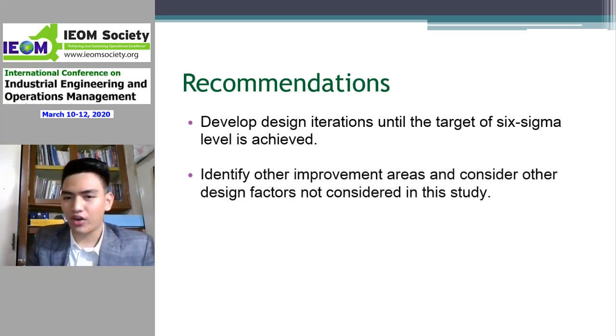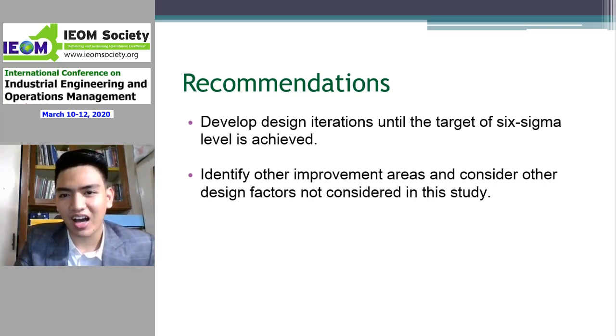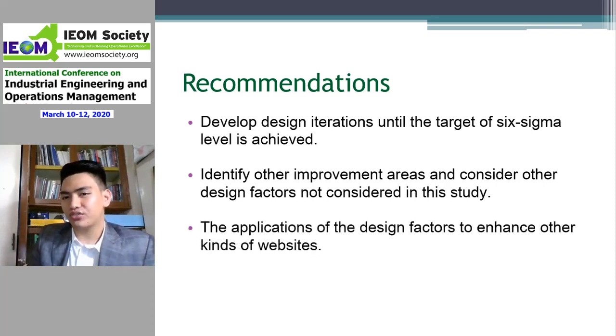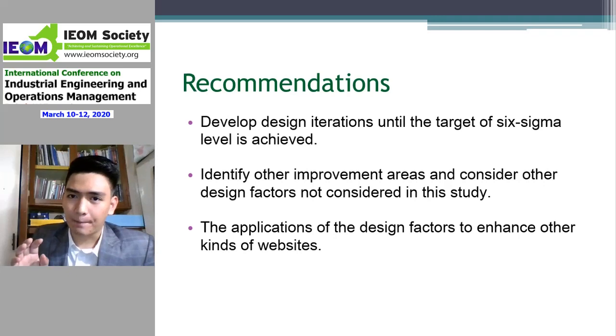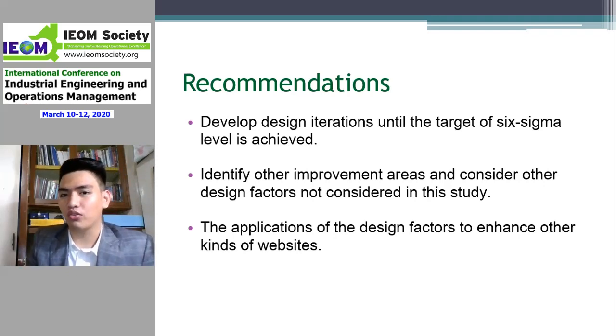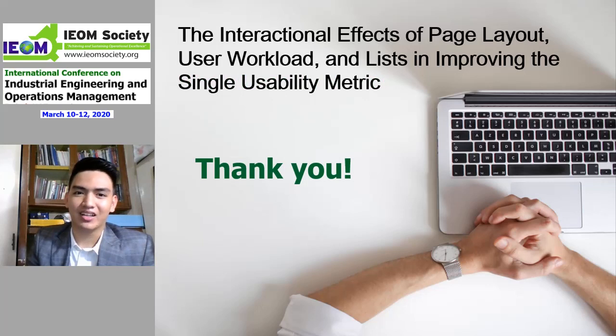Secondly, design factors other than those considered in this study can be explored and we can identify other improvement areas. Finally, the research framework established by this study can be applied to other kinds of websites to further strengthen the obtained results. That is all, and thank you very much.